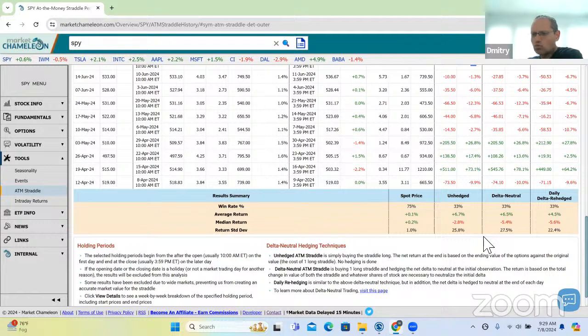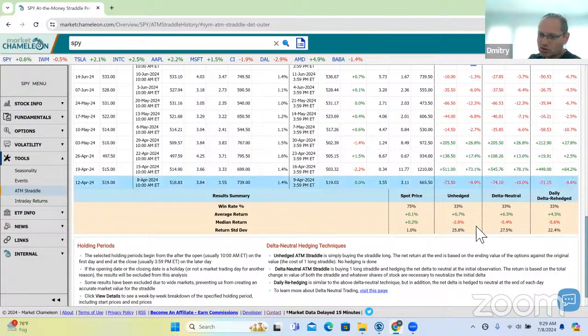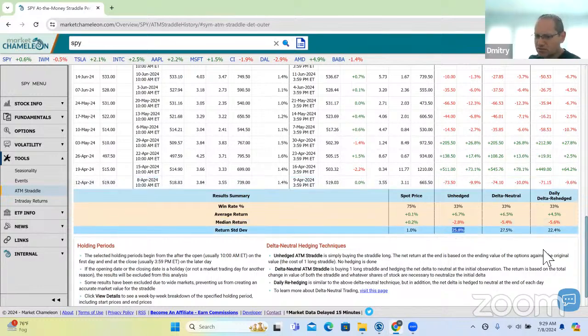So then what about the standard deviation of the return? You can see here 25% unhedged, 27%, and daily rehedged 22%. So why is this standard deviation so much greater than the stock? Well, the stock, SPY, the market in one day, it'll move 1% up or down, right? That's a standard deviation. But the options are leveraged. They're much more sensitive to a stock move.